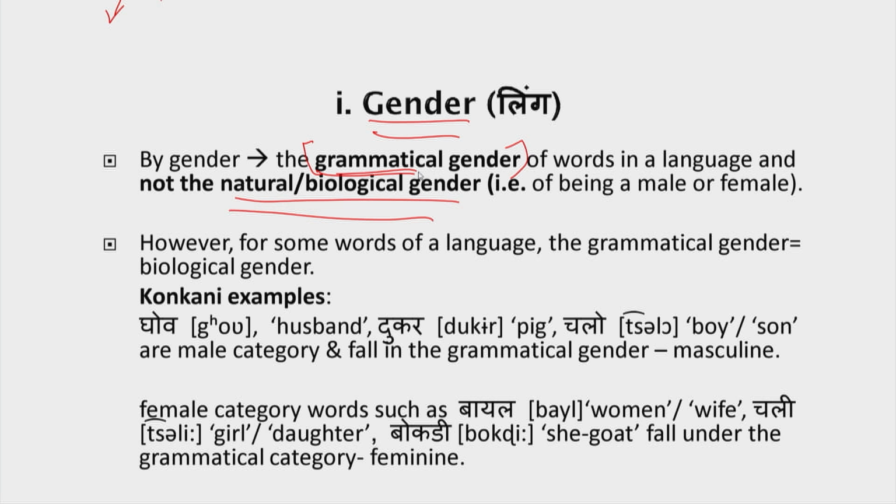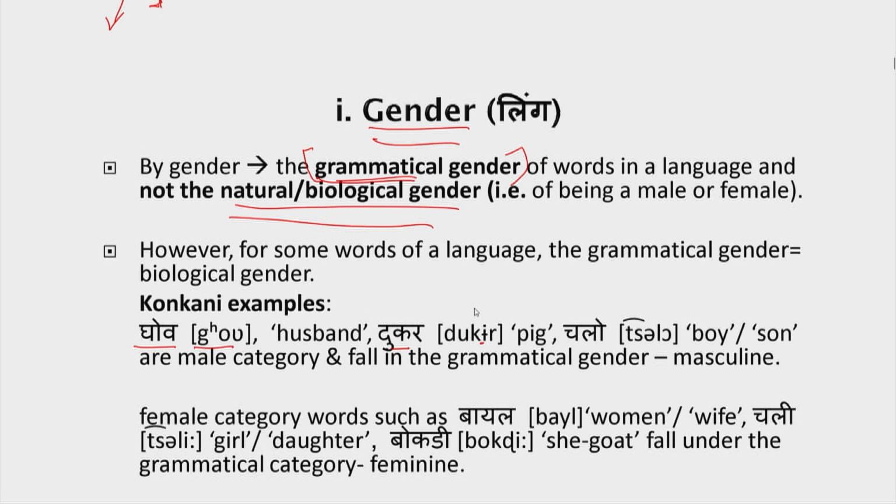In Konkani, or it might be the case for other languages also, sometimes the grammatical gender and biological gender match. For example, in Konkani we have go, the word for husband. We have dukur, and chalo, which means boy or son.